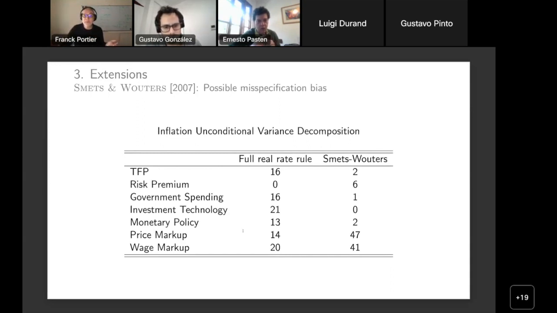Now you see that it's basically 1/6 on all the shocks and nothing on the risk premium. So you get a completely different perspective on what moves inflation, and if I were then to think, for example, what would be the optimal monetary policy given these estimates of the parameters, I would get a completely different answer.